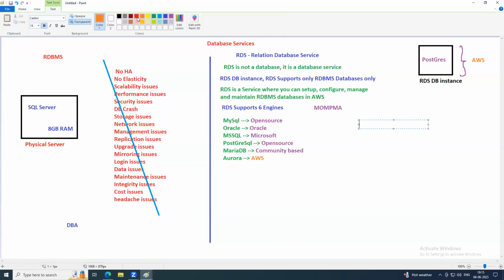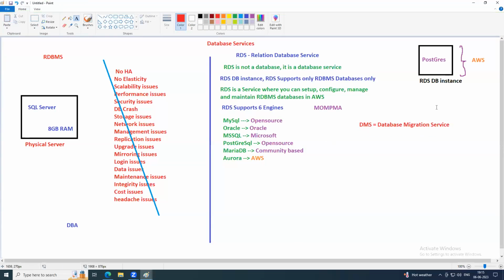Guys, let's say in your on-premises you have some Postgres machines and you want to migrate them. There is a service called DMS, Database Migration Service. Using DMS, you can migrate your database to AWS. Migration means moving your databases from on-premises to AWS.